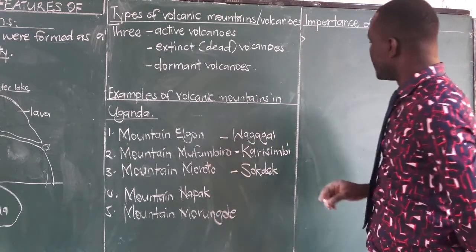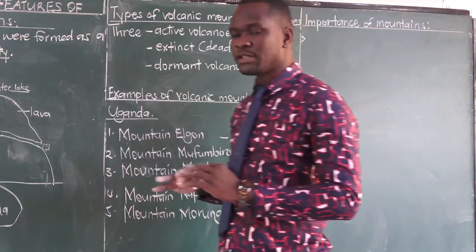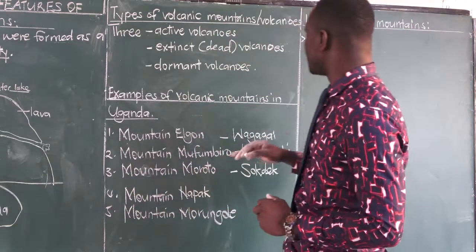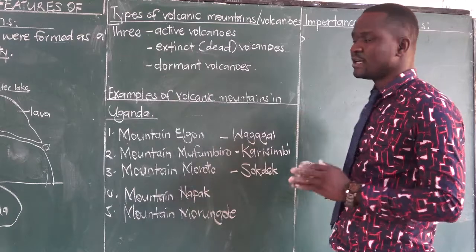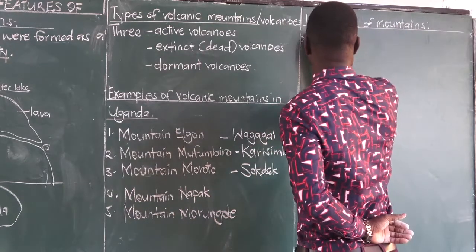Number one, remember, when you look at the mountain slopes, you will find that the mountain slopes always have fertile soil for crop growing. So we are going to take that as our first answer.